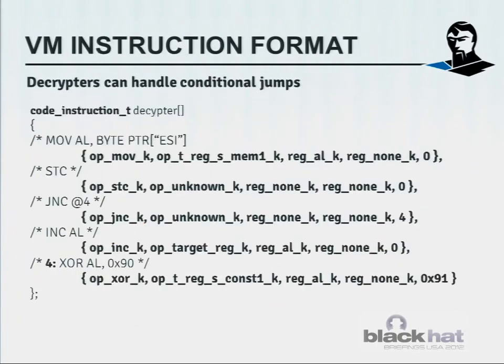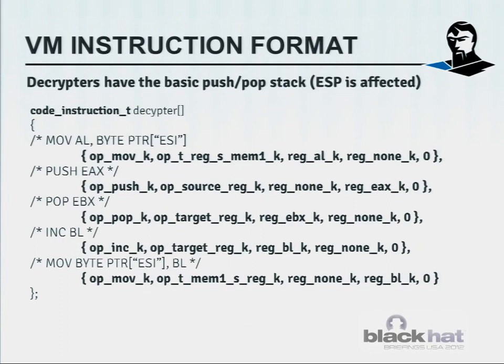Here are more complex examples of what you can do with this specific part of the virtual machine. You can create jumps as well. As you can see, line number 3 jumps to the label, and you can jump to that label just by creating an instruction that way. Similar story goes for the stack. The stack is also available, and the ESP register is modified.